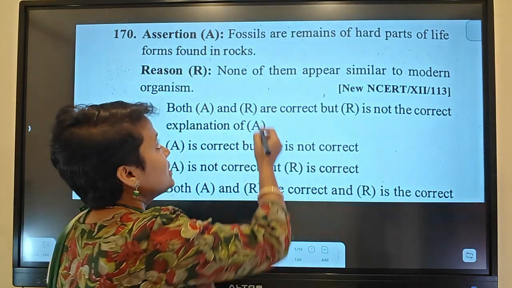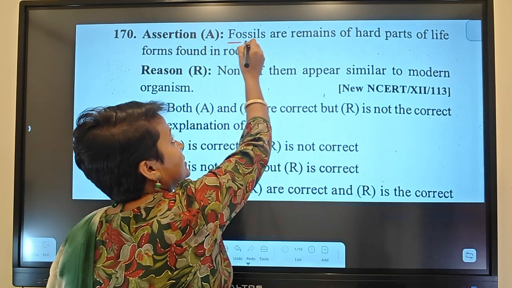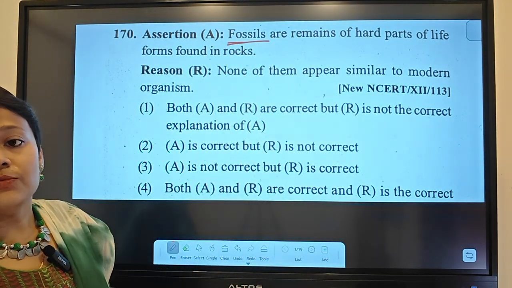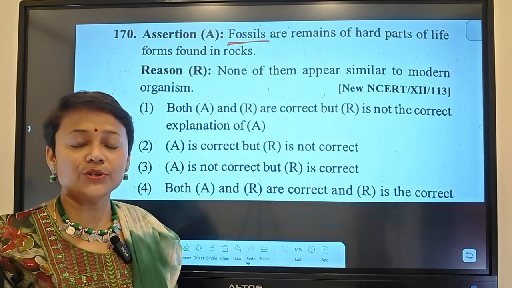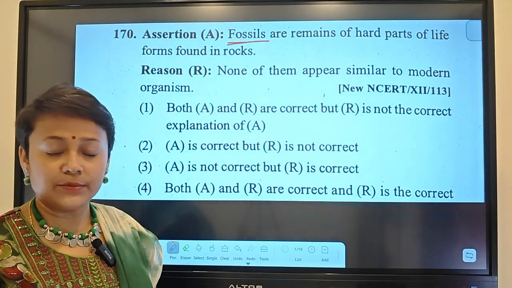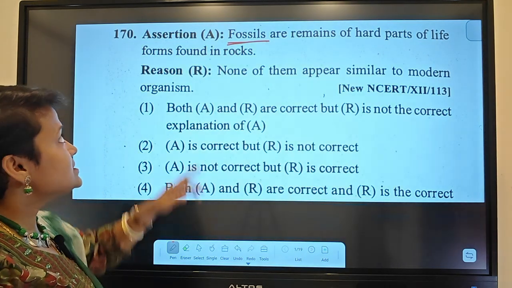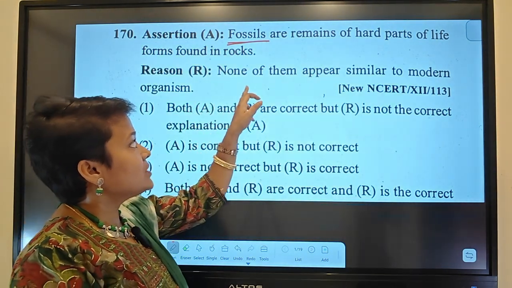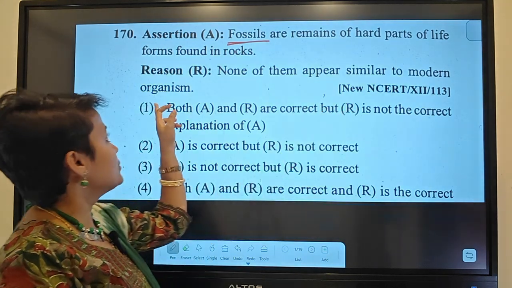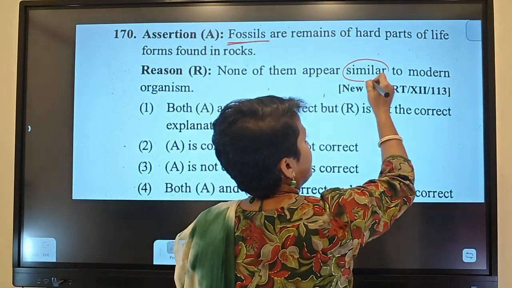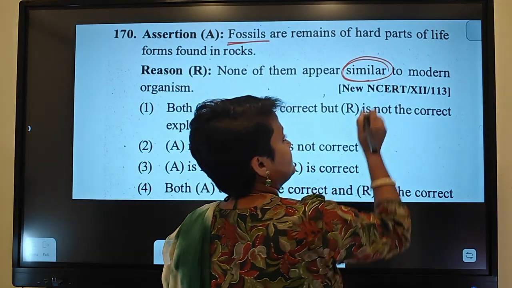So here, yes, if we see the definition of fossils, fossils are the remnants of the body parts of animals or plants. So this is the correct assertion. But the reason says that none of them appear similar to the modern organism. The word given here is similar, they are not saying same.